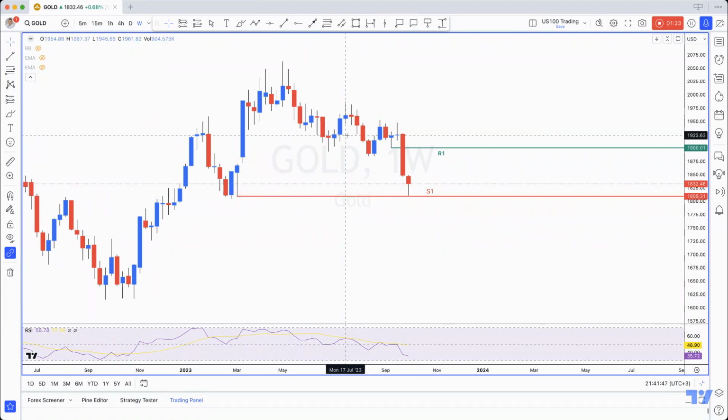Now, wrongly, traders believe that support always holds, but if that was the case, then how could we create trends? So support is meant to break and not to hold for the trend to continue.